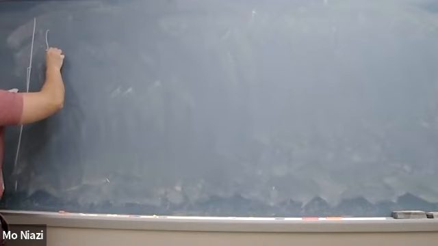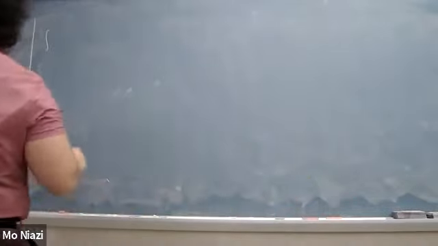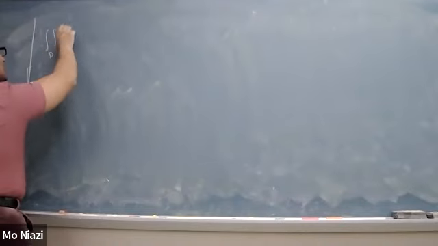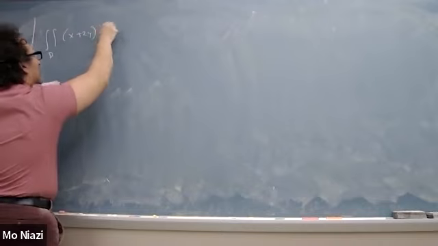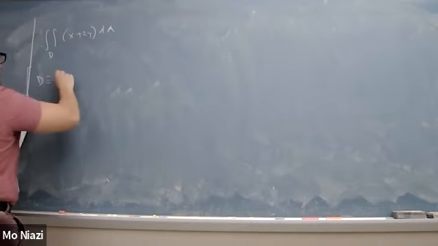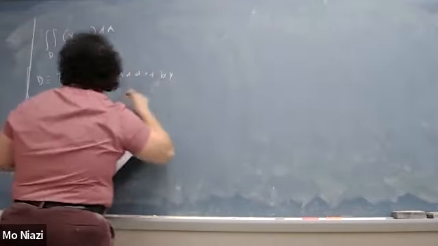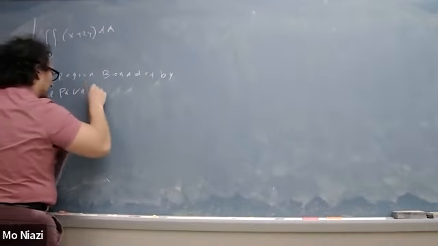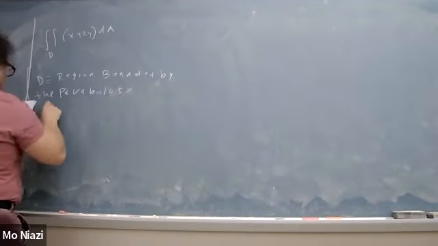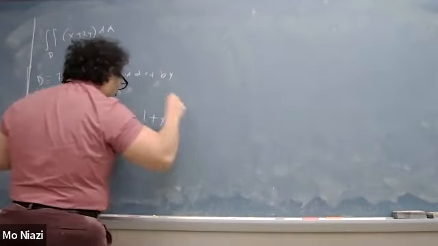Let's calculate the integral on some region D of x plus 2y dA, where D is defined to be the region bounded by the parabolas y equals 2x squared and y equals 1 plus x squared.